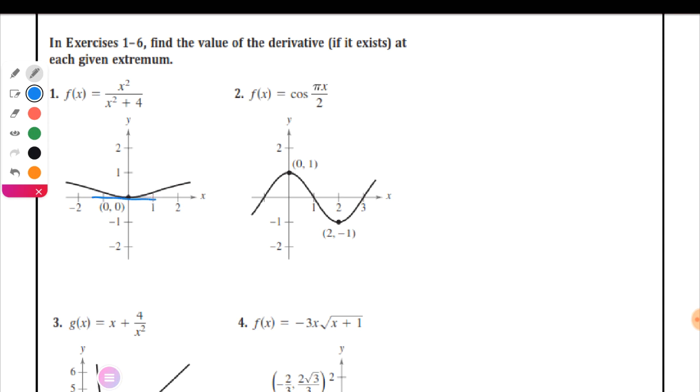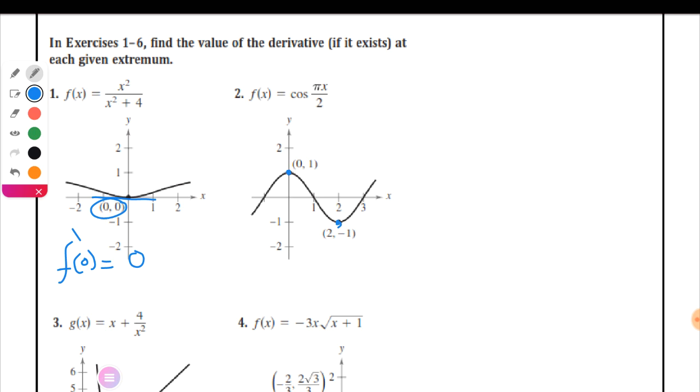He asked about the derivative. It means the derivative at the extremum will be 0 or does not exist. Horizontal tangent, here the derivative at this given point, 0 and 0, the derivative at this one equals 0. At this critical number, x equal 0. Here, as you see, I have relative maximum, relative minimum.